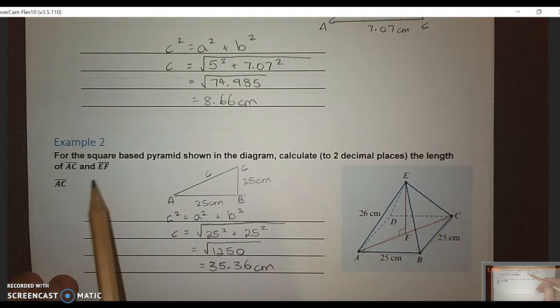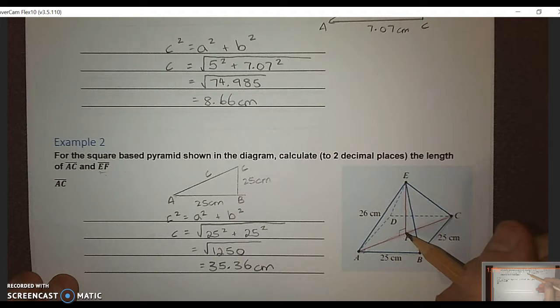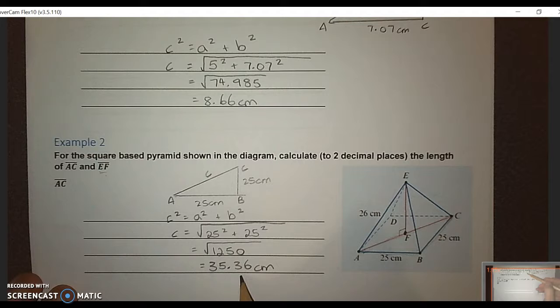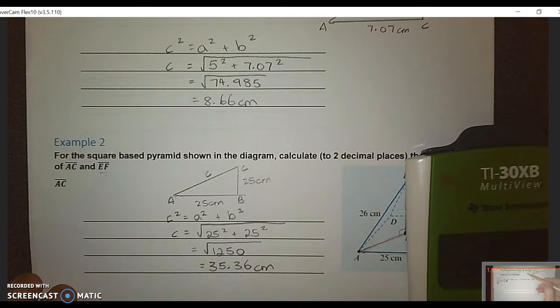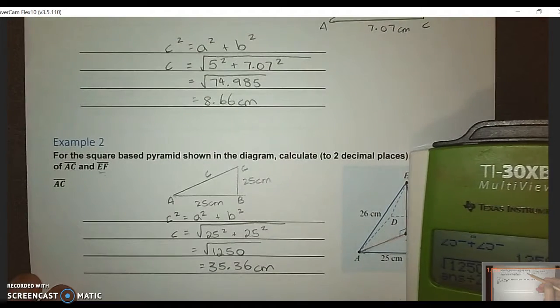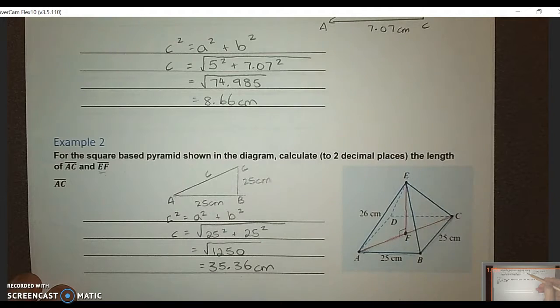Now, to work out E and F, this point here is halfway along this line here. So when we're working out this, we'll need to halve this number to write it in here. So divided by 2, 17.68.